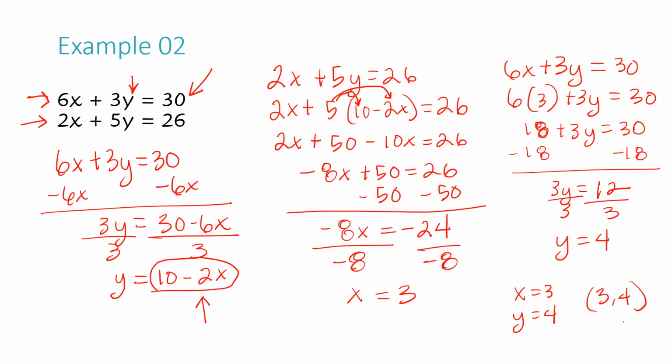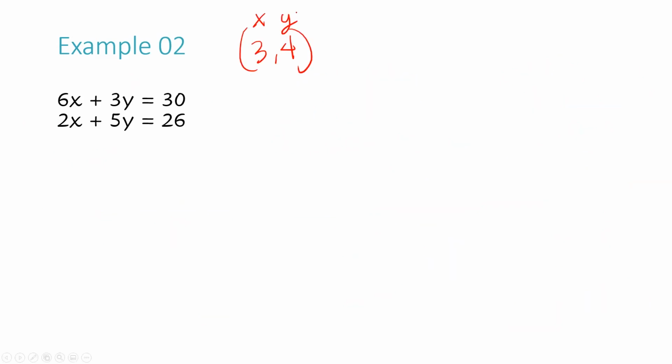Okay. Now I'm going to clear everything off of my screen and write the point 3, 4 up at the top of the screen. And I'm going to show you that plugging in these 2 points gives you the correct solution. All right. So my x value is 3 and my y value is 4.